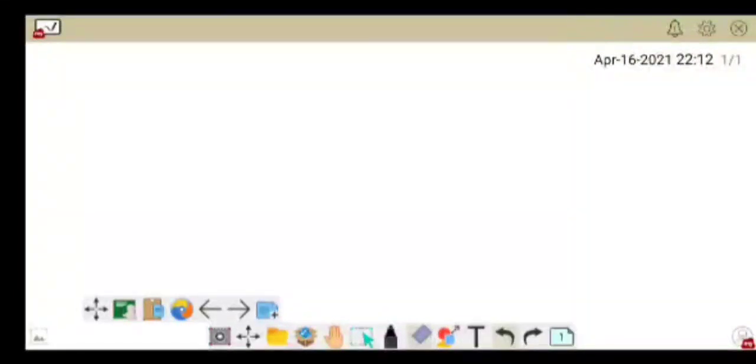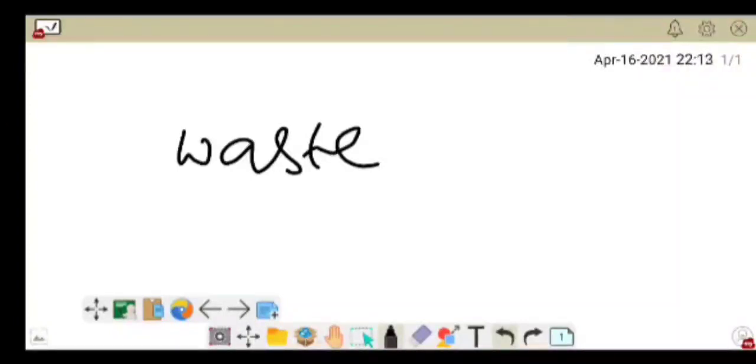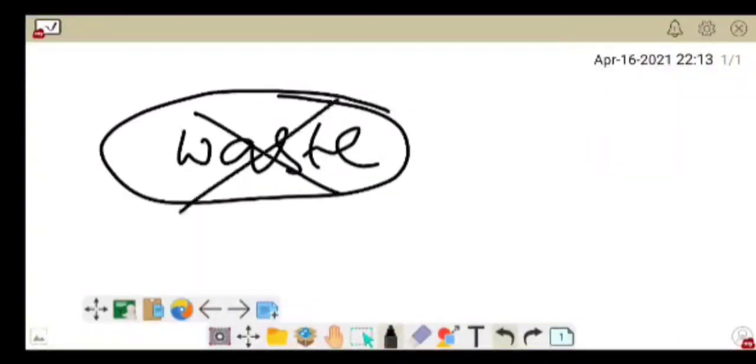If you can't make the allocation in a proper way, then your resources are going to waste. Sorry guys, proper waste.